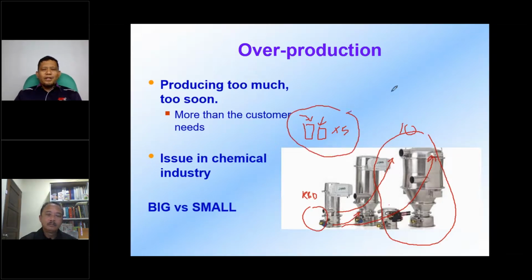But I question back to them. Let's say this big reactor has some technical issue or downtime or problems. Can you produce that 10 ton or not? Let's say it takes 7 days, so you lose 7 days of production.